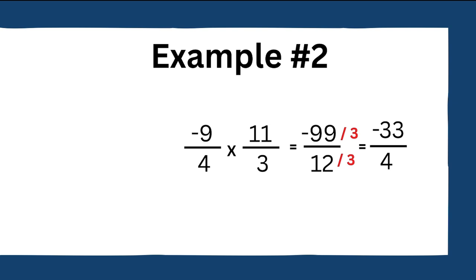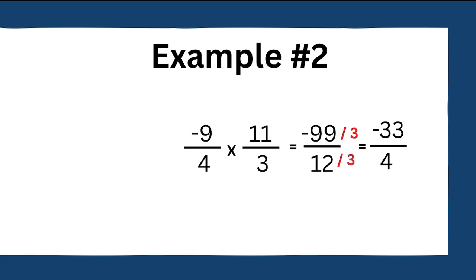I can actually simplify this further because 4 is the denominator, and I'm going to see how many times 4 can go into negative 33. So 4 can go into negative 33, and since negative 33 is the bigger number, make sure to drop your negative.